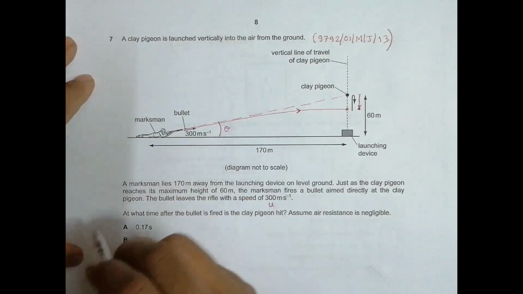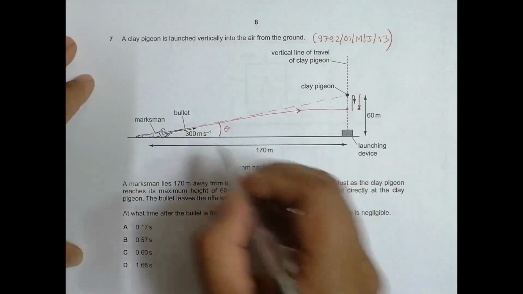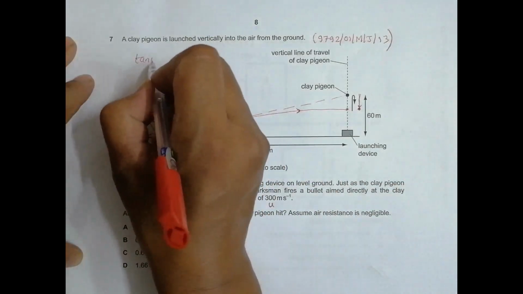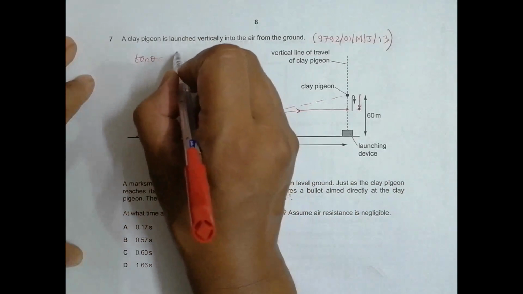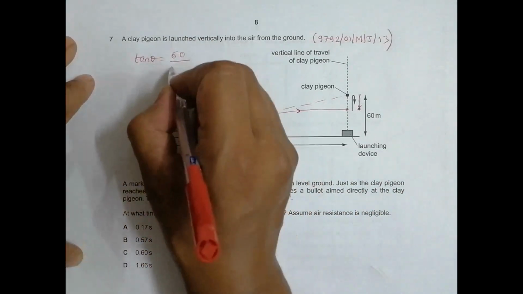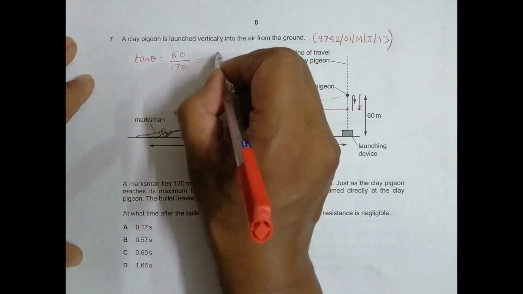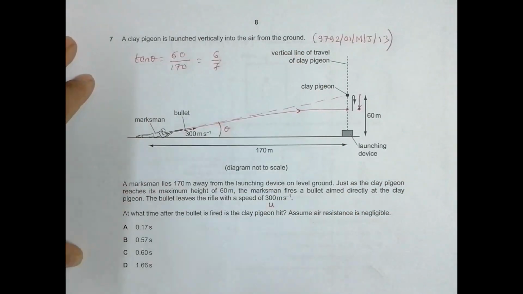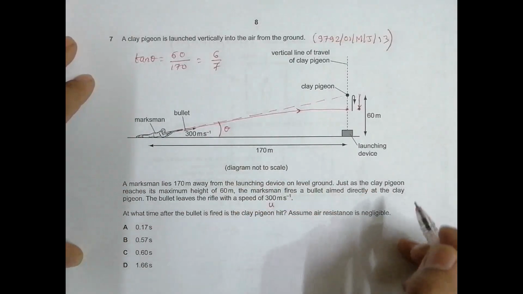So tan theta is equal to 60 by 170, equal to 6 by 7. Tan theta is equal to 6 by 7. Now let us move on with the calculation.